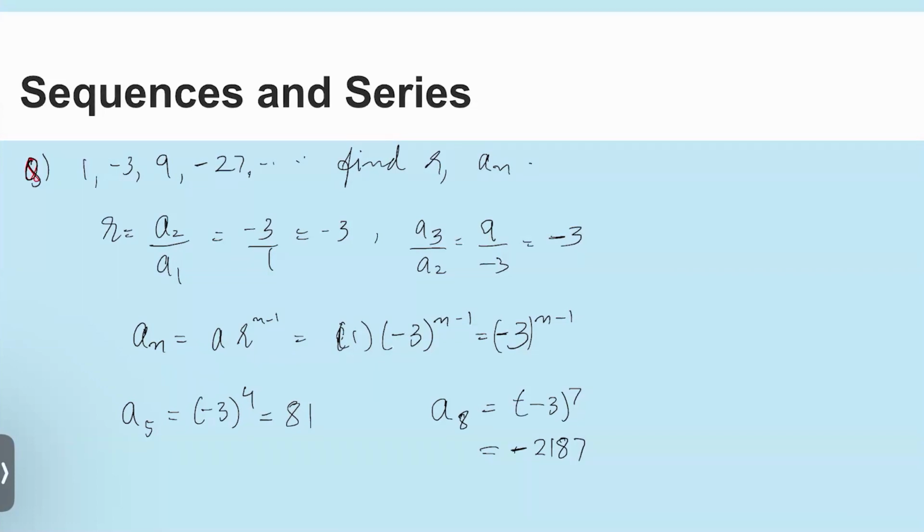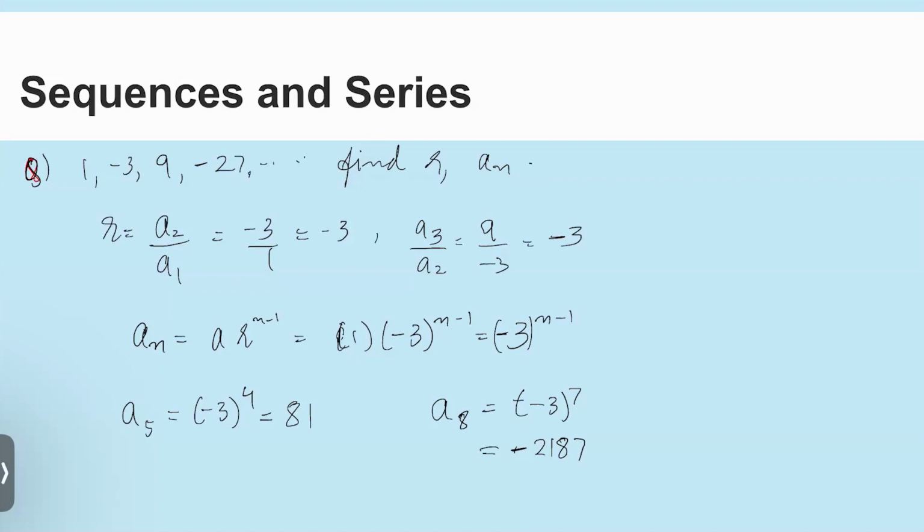Okay, so this is how you can solve for geometric progressions. So today we mostly tried to understand the geometric progression, how you can find the common ratio, and how we can generate the formula for the geometric progression in terms of the nth term. So no matter what kind of sequence is given to us, whether arithmetic progression or geometric progression, we can find the formula for the nth term for both.